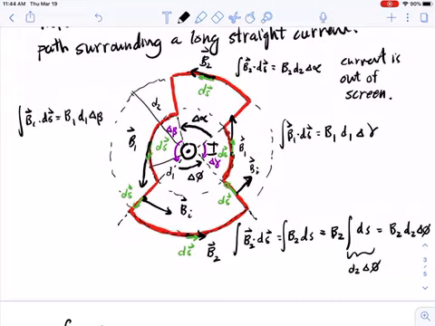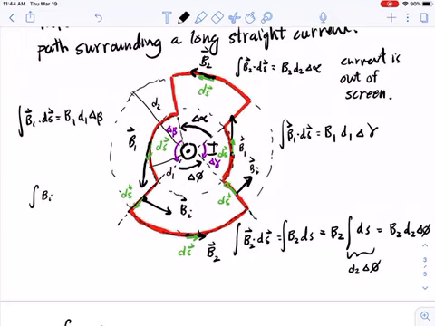Okay, so that's B dot ds for all of the different circular segments, but we also have straight line segments. Let's imagine this straight line segment here at the bottom left.